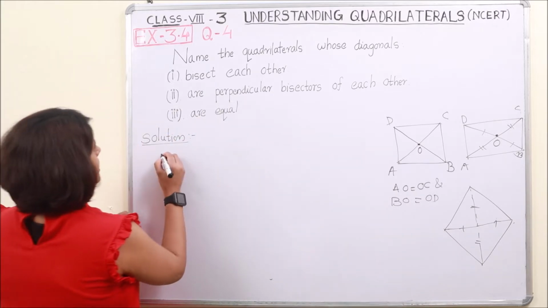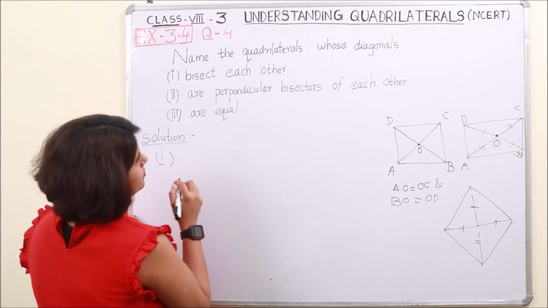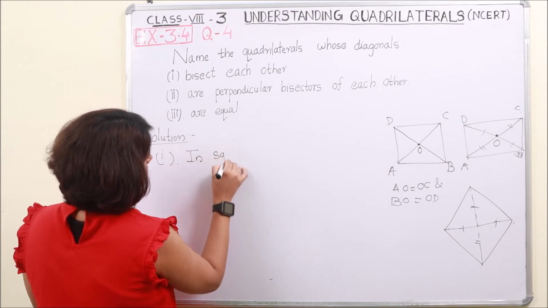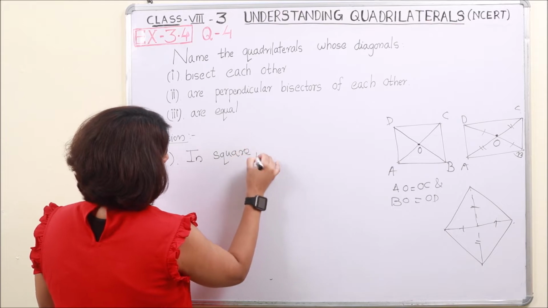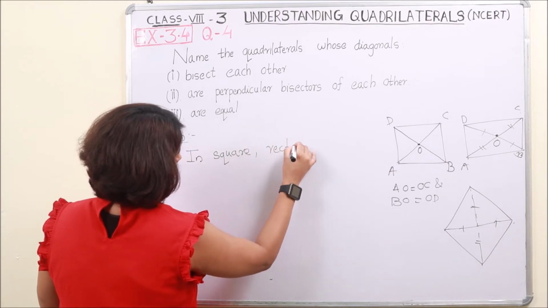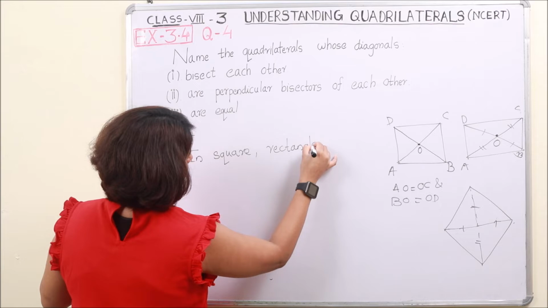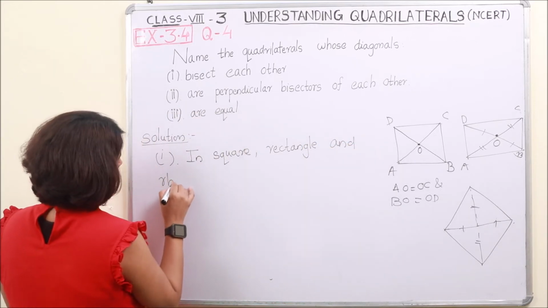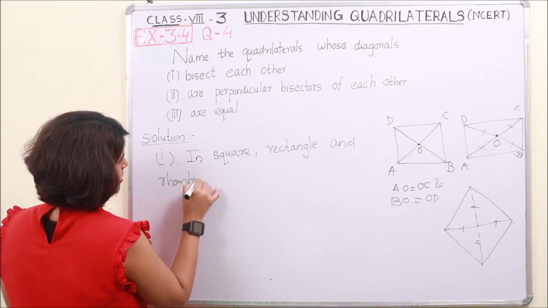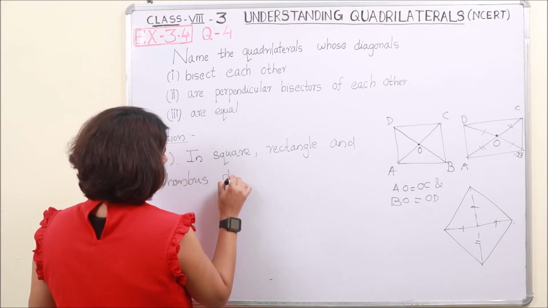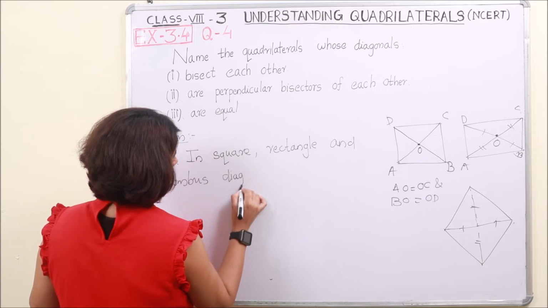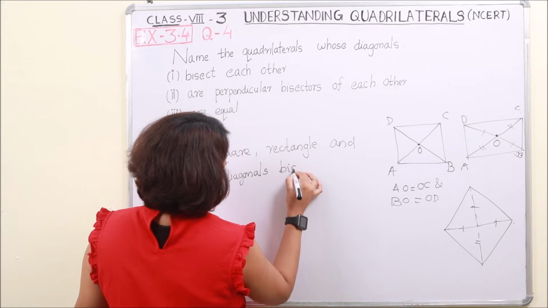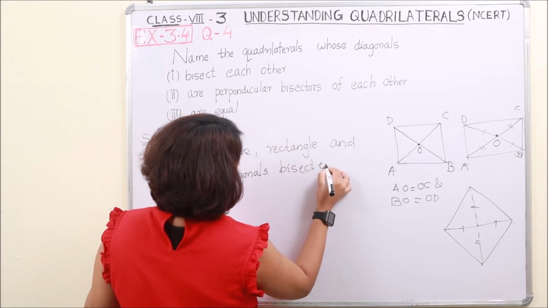Therefore, in square, rectangle and rhombus, diagonals bisect each other.